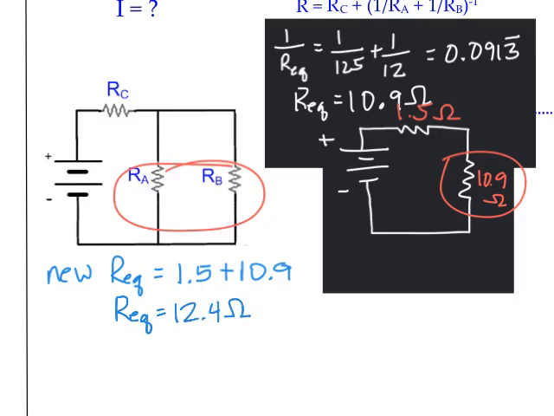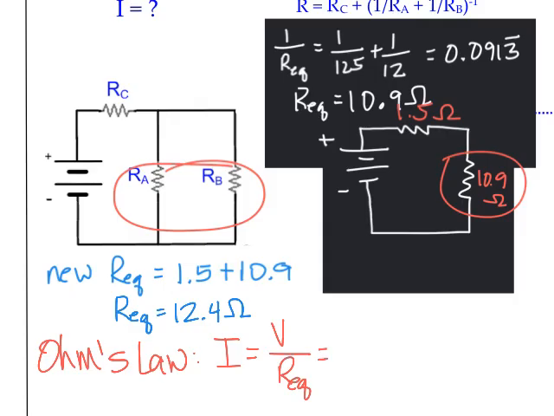Now we can use Ohm's law to get that current. So we're going to find the voltage from the source over that final equivalent resistance. So I'm going to take my 125 volts, because that didn't change, and now plug it in with that new total equivalent resistance.